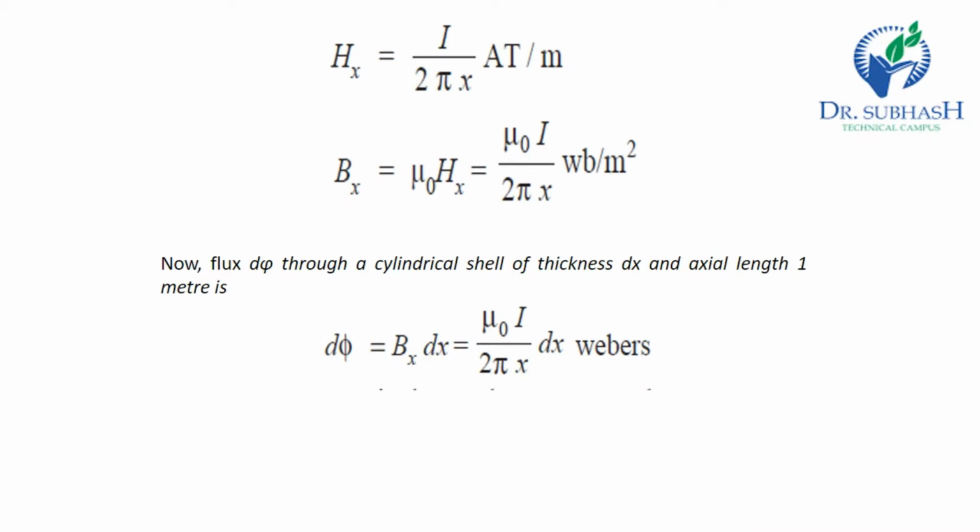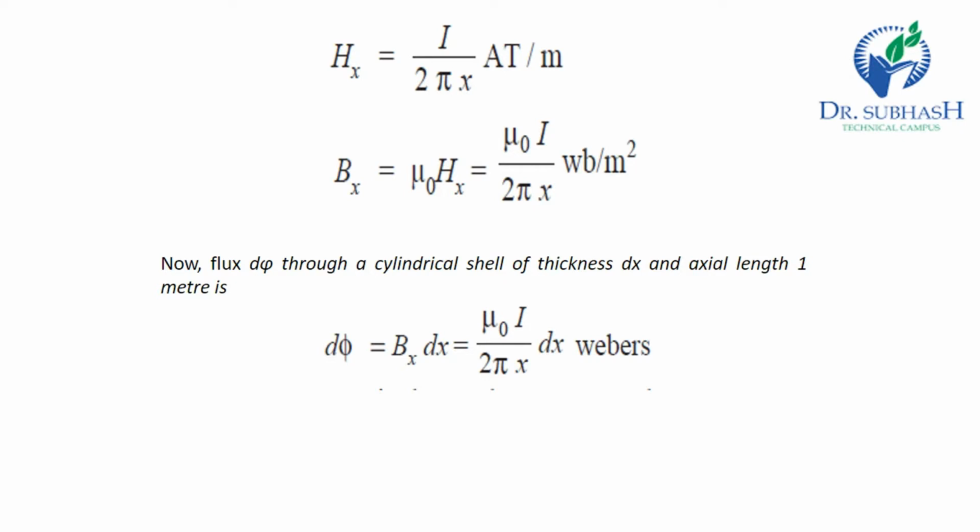Same as in the internal flux linkage theory, for external flux we find the intensity at the point. So the intensity Hx is equal to current I by 2πx. From the above theory, we had the current Ix for a particular space.